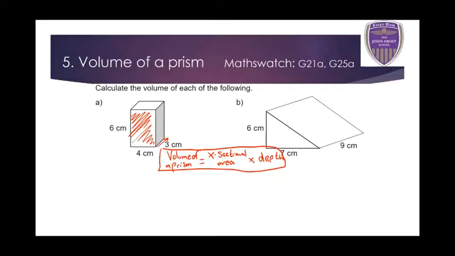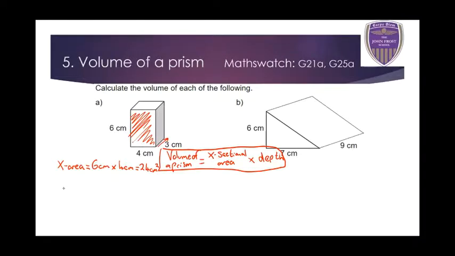Okay, so for A, I'm just going to call it the cross area. So how do I find the cross area of this shape? Well, the two sides of this shape are 6 centimeters and 4 centimeters. So therefore 6 centimeters times 4 centimeters, that will give me 24 centimeters squared. Okay, so that's the cross-sectional area of the shape.